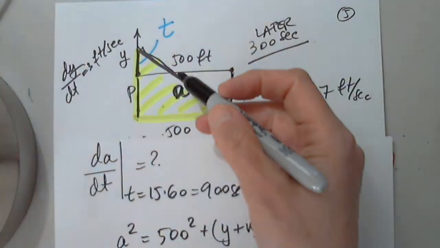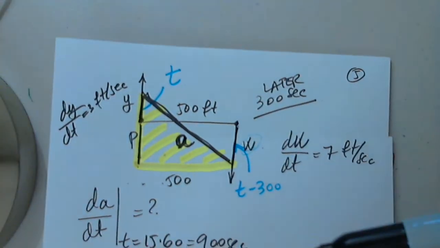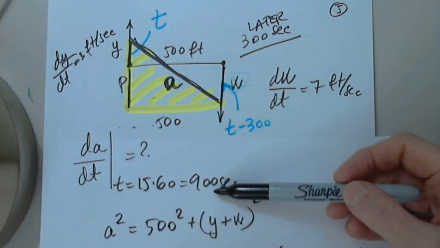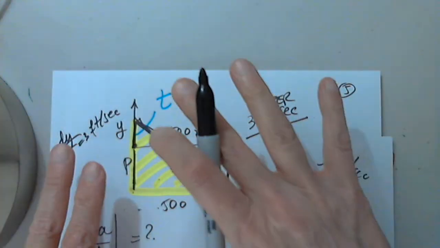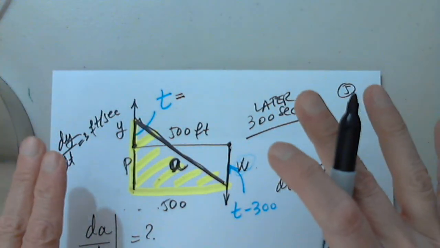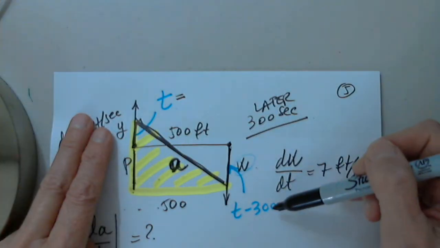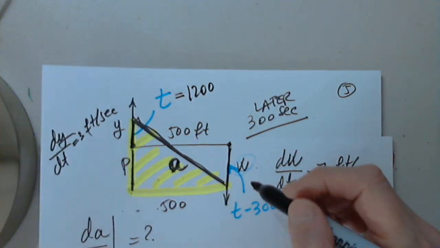So in his case, this will be 300 plus 900. So his time is now, but I don't want you to think that I'm doing this at the beginning. I'm not, this is at the end, right? So he used the time of 900 plus 300 seconds, which is 1200 seconds.